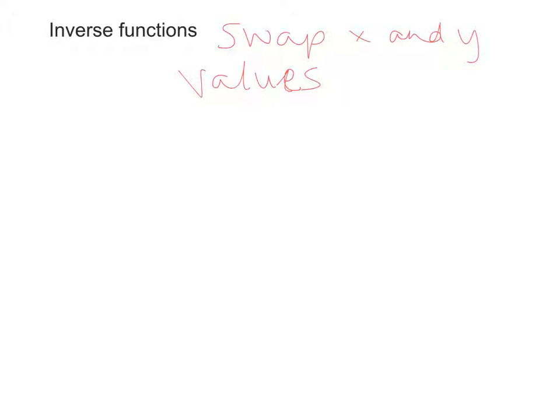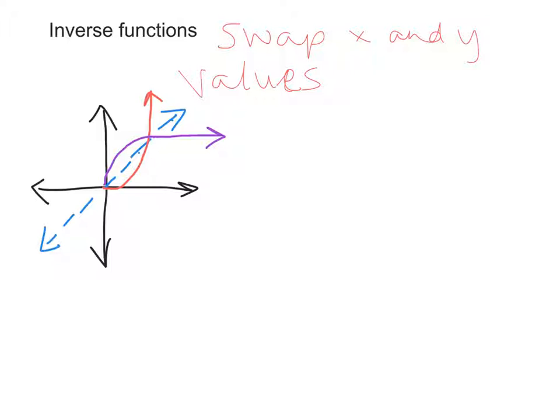So if we have a graph of an inverse function, it could look something like this. So if I'm looking at my graphs of my inverse functions, this is what we actually have. You have your chart here.